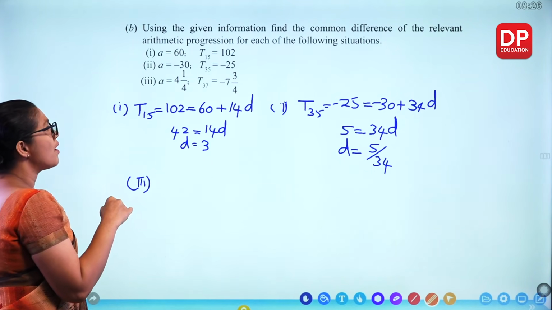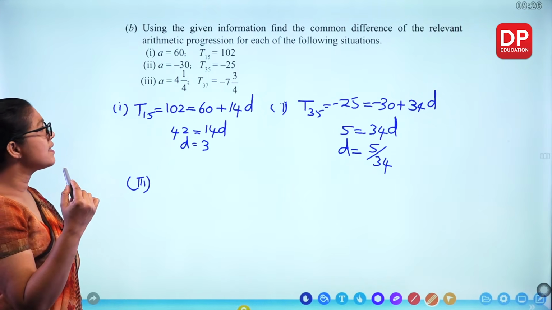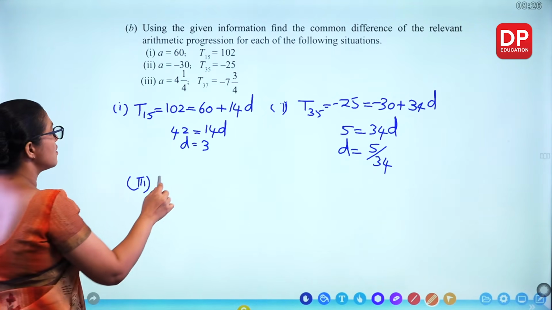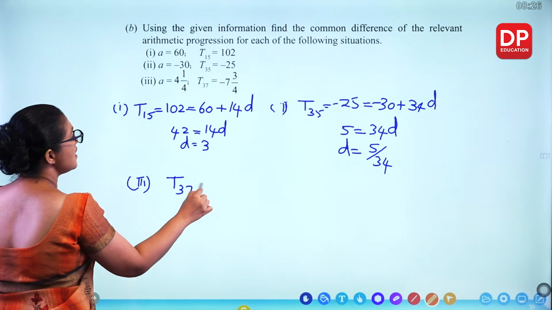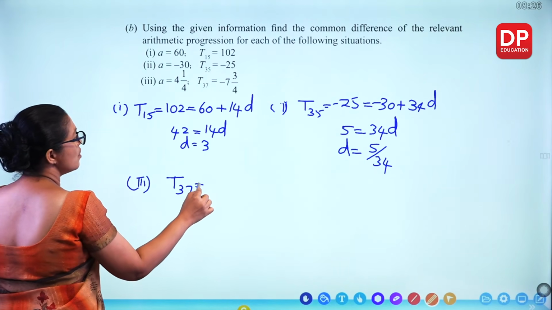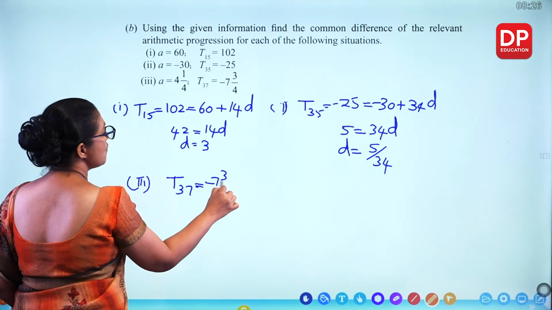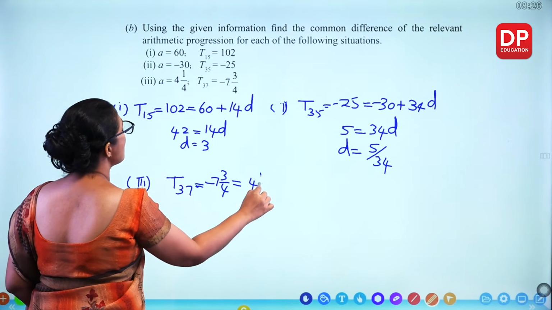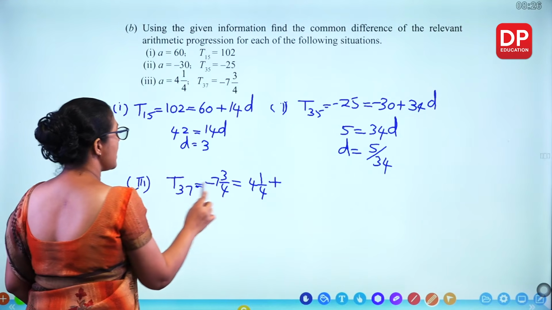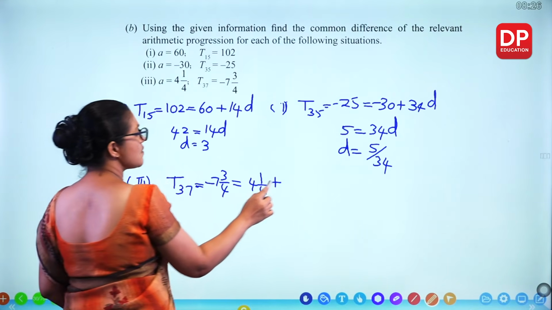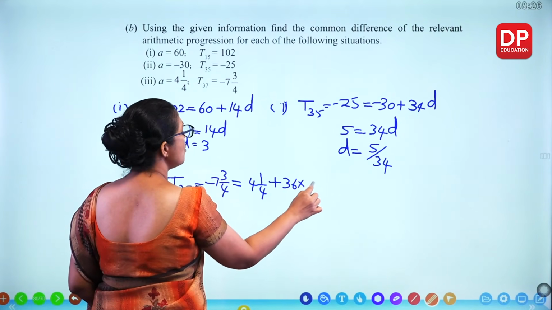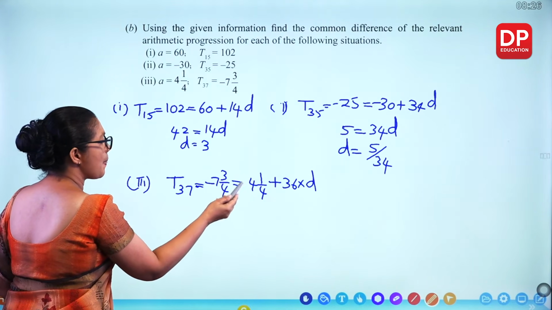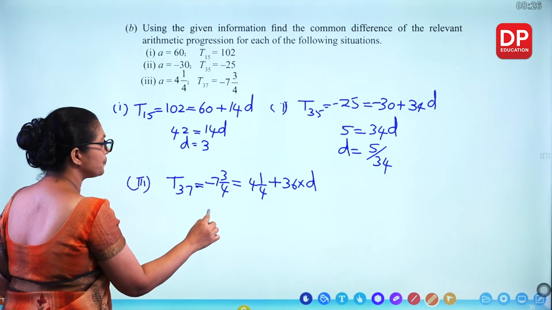A equals 4 1/4 and 37th term is minus 7 3/4. So here T37 is equal to minus 7 3/4. A is 4 1/4 plus n minus 1. 37 minus 1 is 36 into D. Now take this term to this side. Minus 4 1/4.